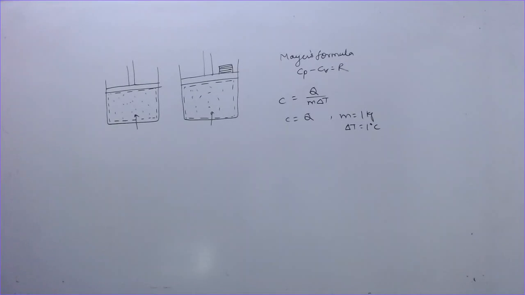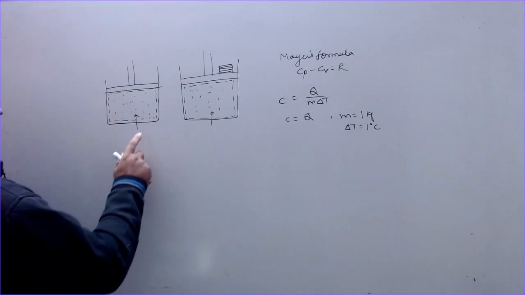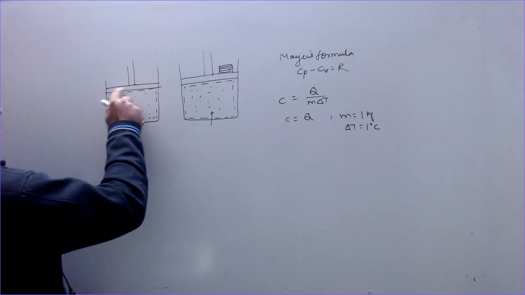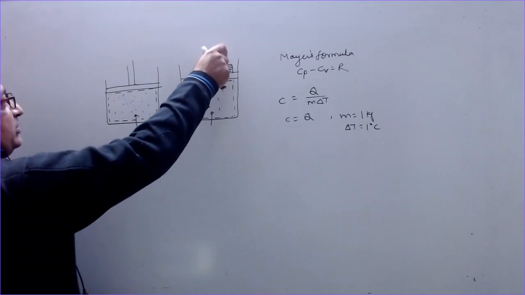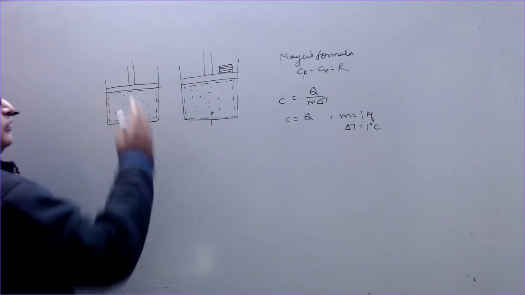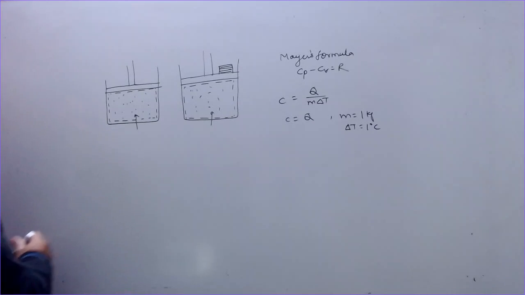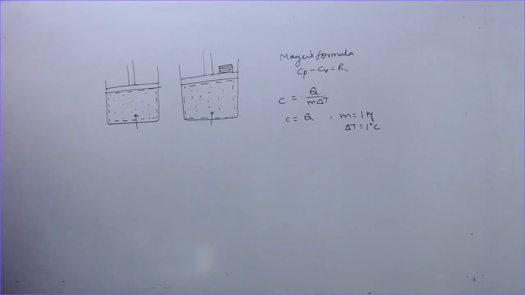So in this diagram, I have shown the two types of processes. This is the system, a piston in a cylinder, in both of them. On this one, we have put some weights so that the piston does not move out, whereas in this case it is free to move out. There is no friction, and the gas contained in this is an ideal gas.